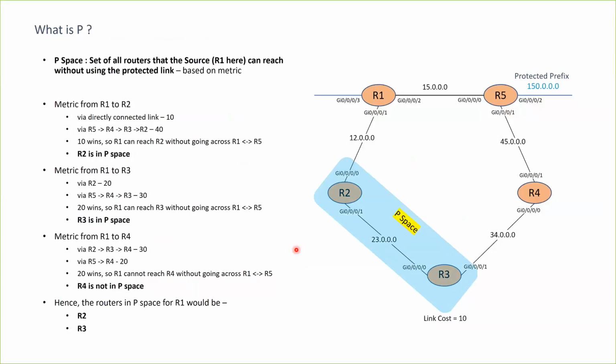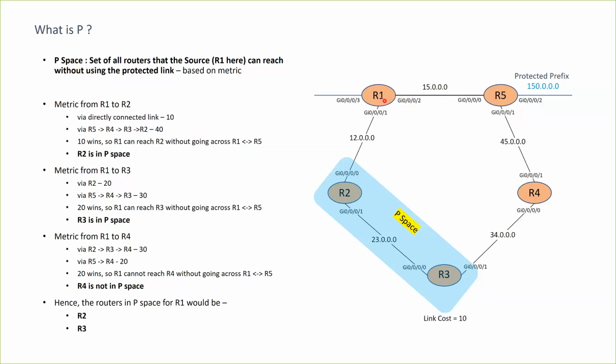So please concentrate here. P space is the set of routers R1 can reach without using the protected link. Let's consider R1, R5 as the protected link. What are all the routers R1 can reach through its current routing table, with its current best path, without using R1, R5?